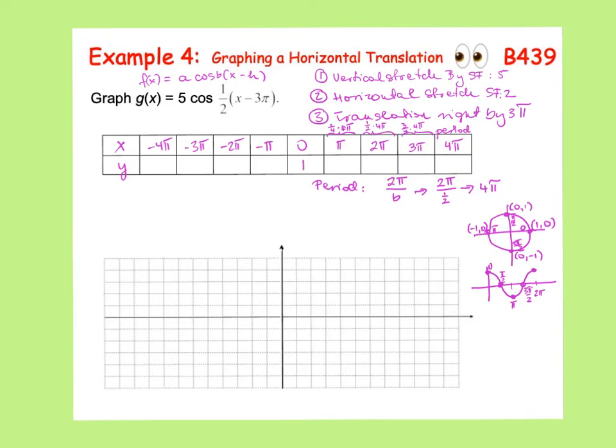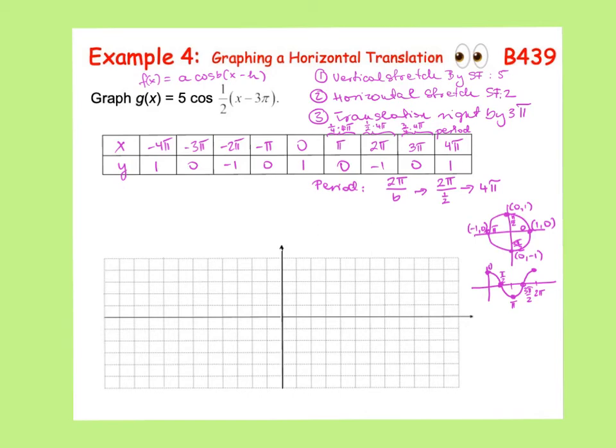Then we go to 0, then to the minimum point, back to 0, and back to the maximum point. And if I'm going to the left, I'm going 0, negative 1, 0, 1. So I'm just following the pattern that I followed to the right, now backwards to the left. So this is just our parent graph, including the horizontal stretch.